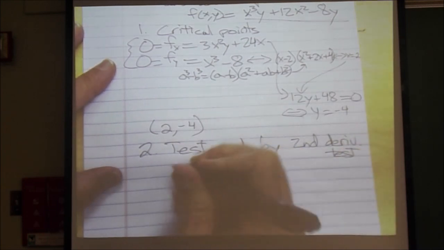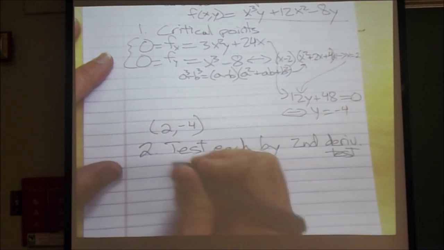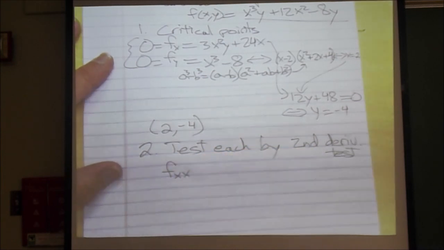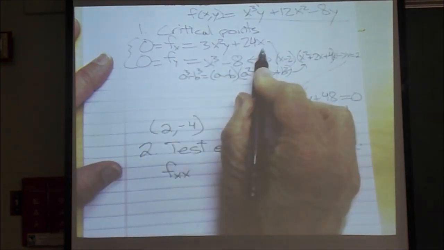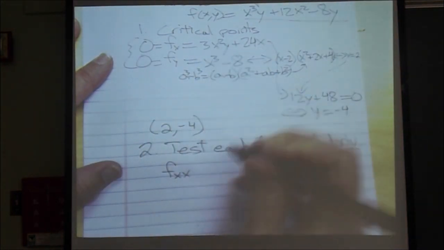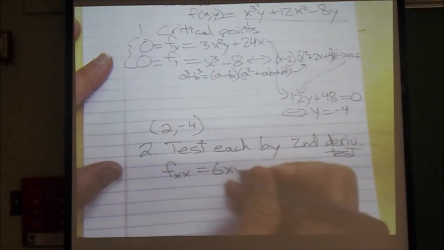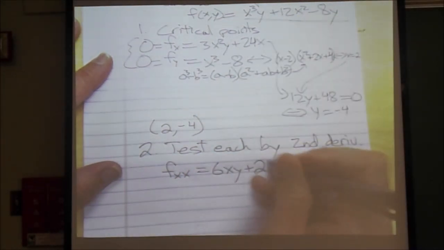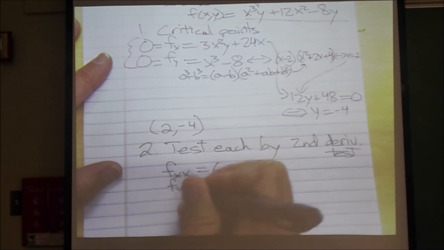For the second derivative test, I'm going to need the second derivatives, so I compute f_xx, the second derivative with respect to x. I have the first derivative, so I'll just take one more derivative, and I get 6xy plus 24. Then I need f_yy.